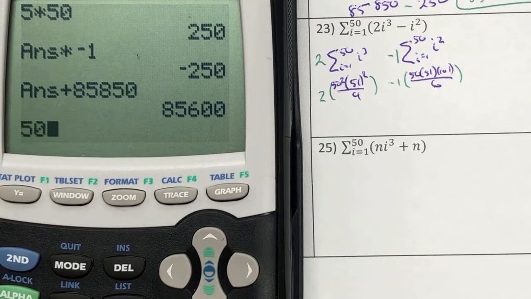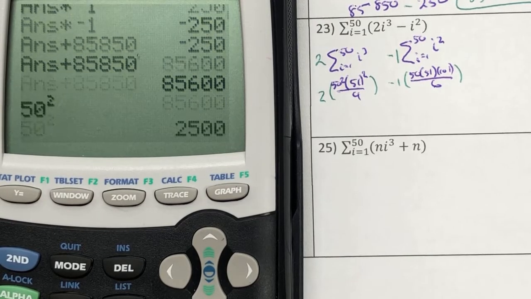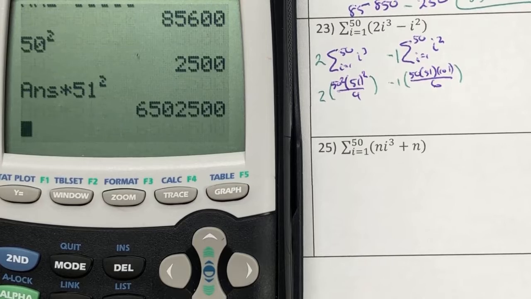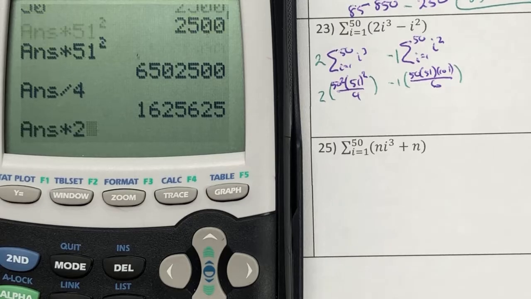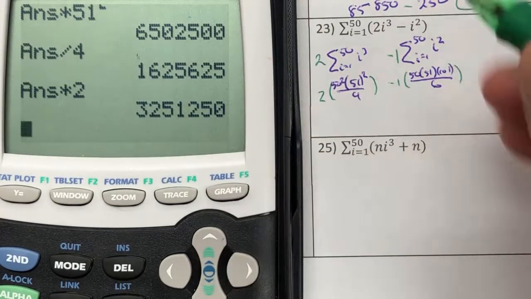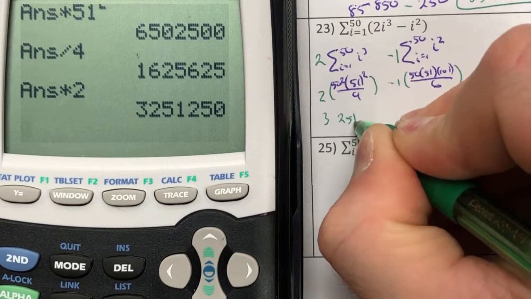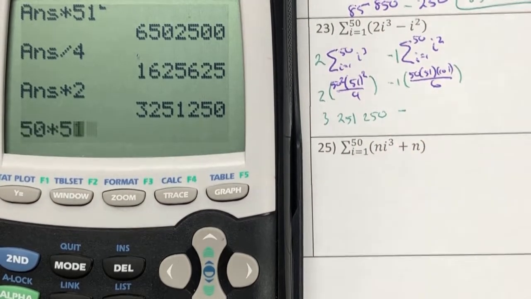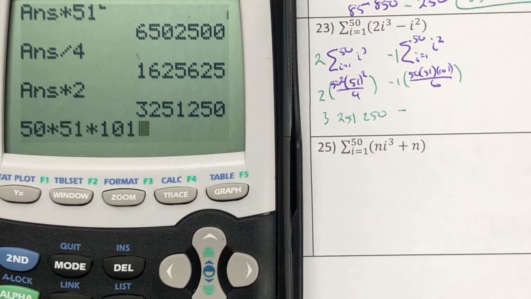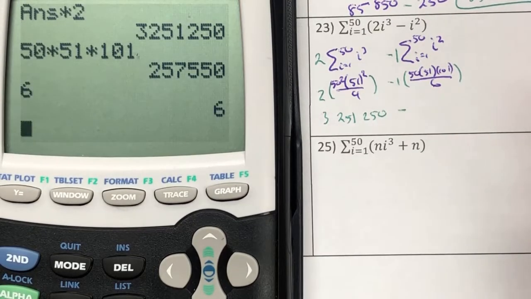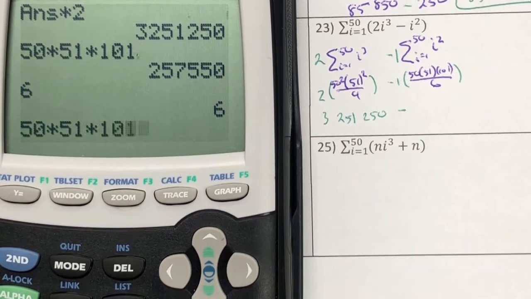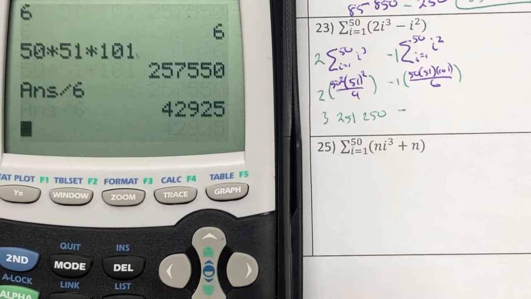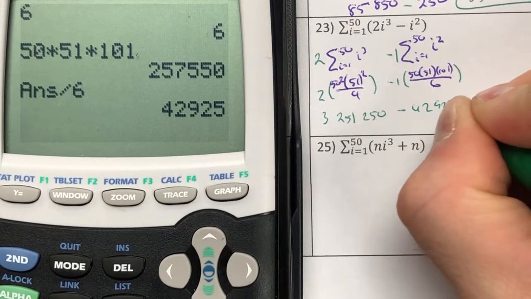So for our first one, we have 50 squared times 51 squared divided by 4 times 2. We get 3,251,250 minus 50 times 51 times 101 divided by 6, 42,925.